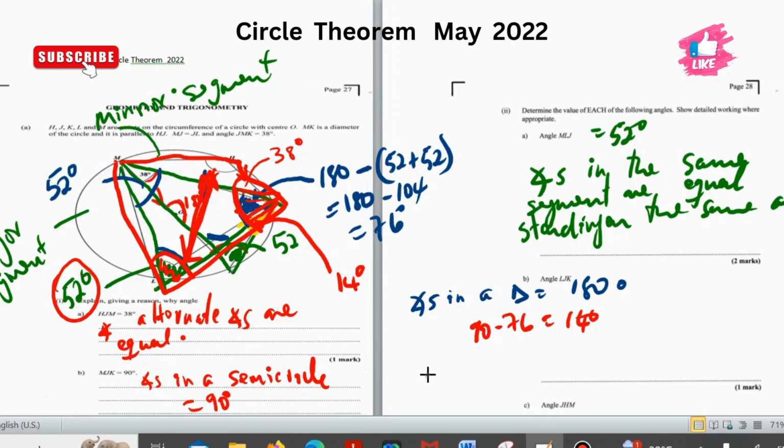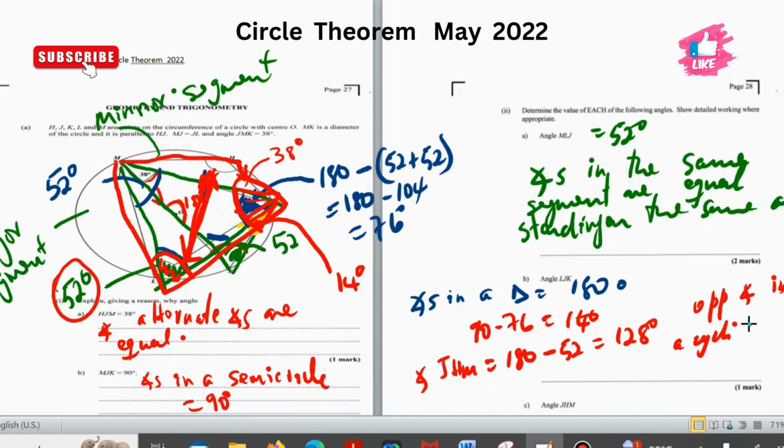So angle JHM is equal to 180 minus 52, which is equal to 128 degrees. Because opposite angles in a cyclic quad are supplementary.